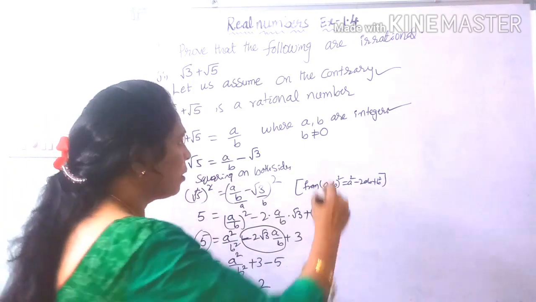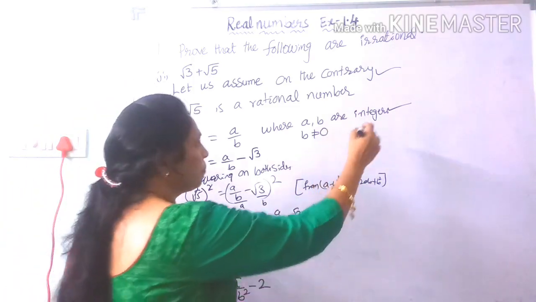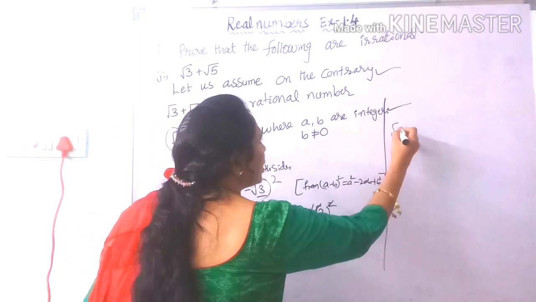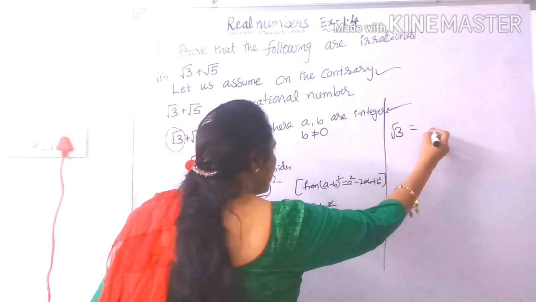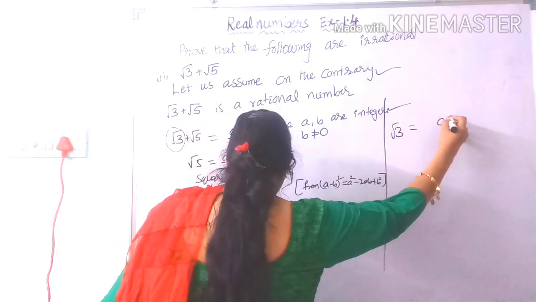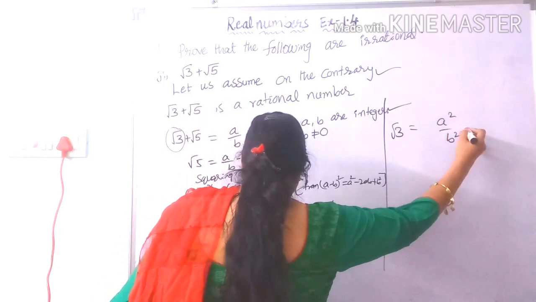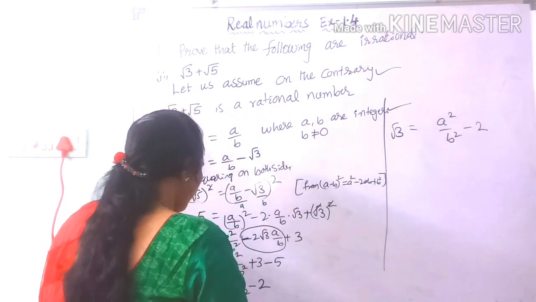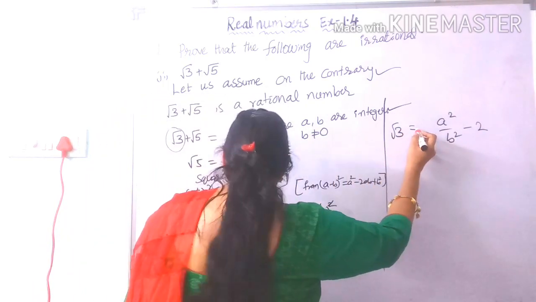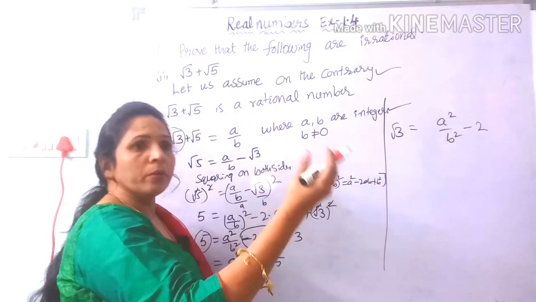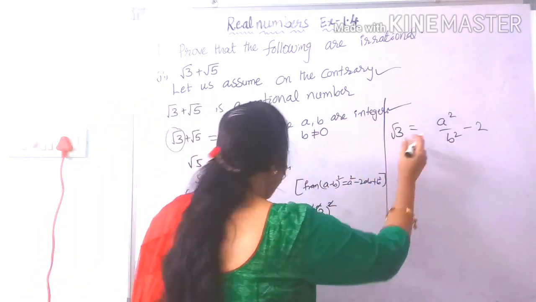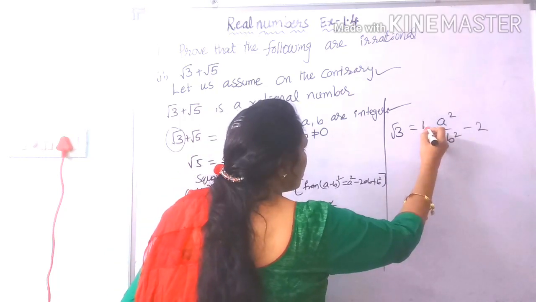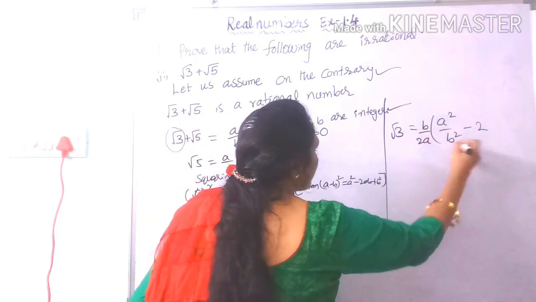So root 3 is equal to a square by b square minus 2 a by b. This 2 into a by b, after going to the RHS, becomes its reciprocal. So 2a by b is equal to b by 2a.